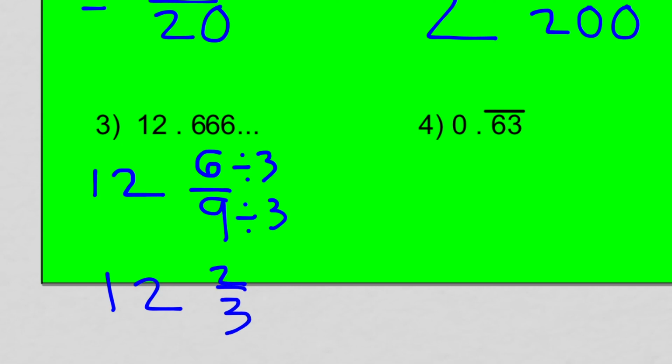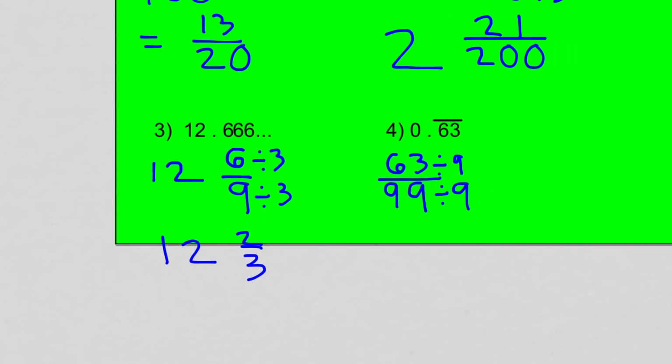Now for the last one, number 4, it's 2 repeating digits because the bar is over both the 6 and the 3. So the 63 goes on top. And since it's 2 repeating digits, we have 2 9s on the bottom, 63 over 99. Now, both of these numbers can be reduced by dividing by 9, and we get 7 over 11. Remember, this is the Slurpee decimal, right? Tell your parents you want to go to 63 hundredths repeating tonight for a Slurpee.